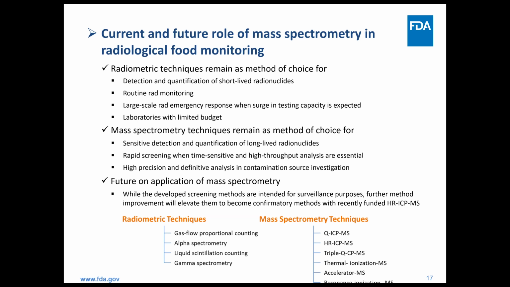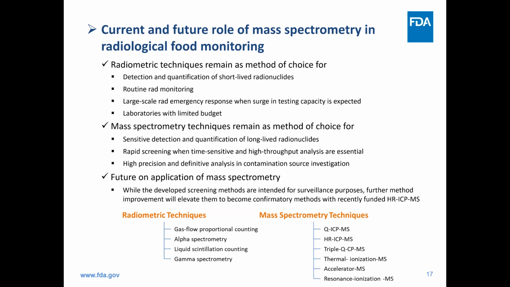Also, large scale radiological emergency response when a surge in testing capacity is expected, and for laboratories with a limited budget, who usually have a lot of radiometric techniques in place.